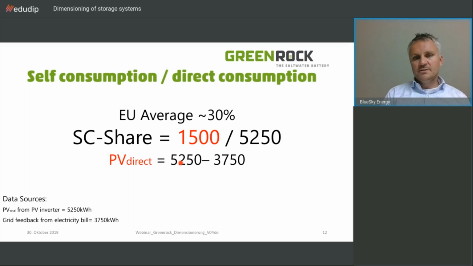That gives us 5,250 produced by the PV minus 3,750 fed back into the grid. So the difference is 1,500 kilowatt hours, which are consumed directly, and that in relation to the total PV production is 30%. So in that scenario, we've got a self-consumption, a direct consumption, of 30%, and the rest is fed back into the grid.